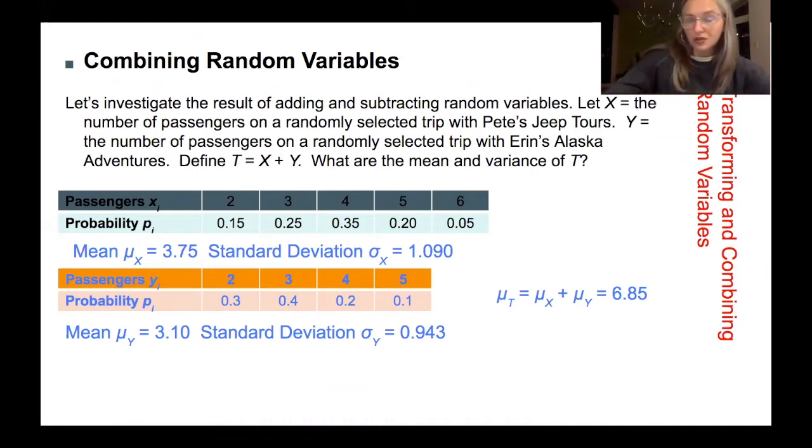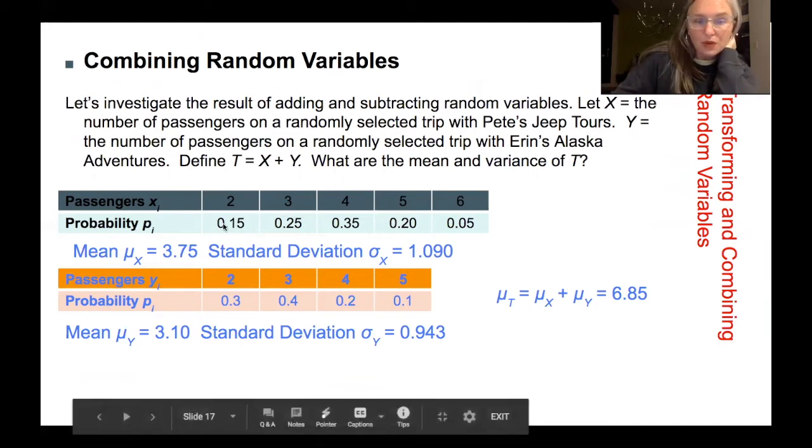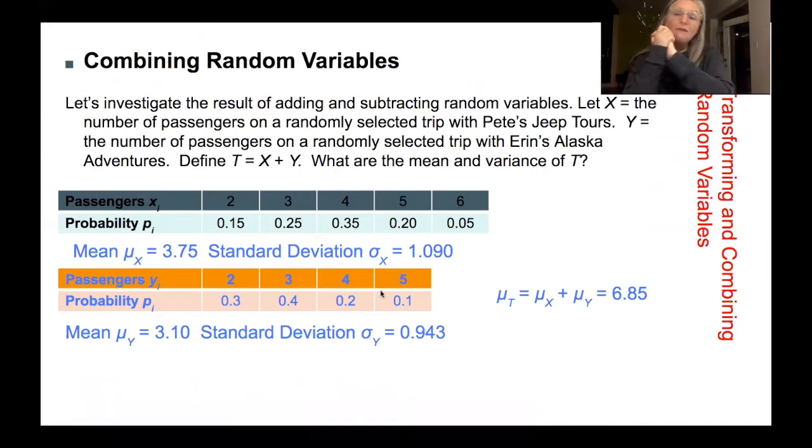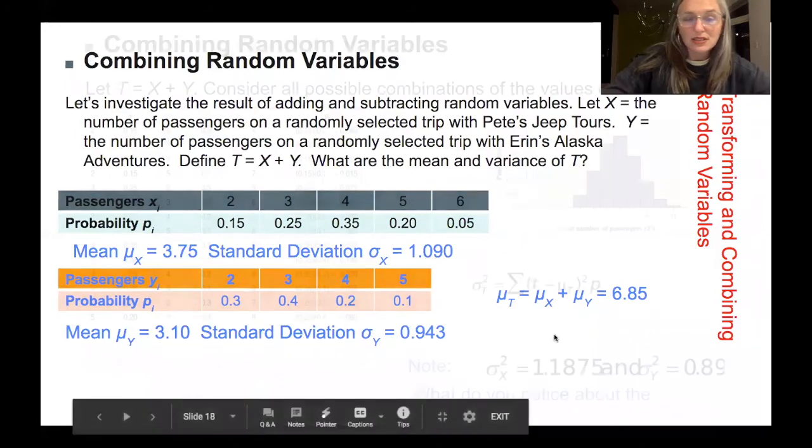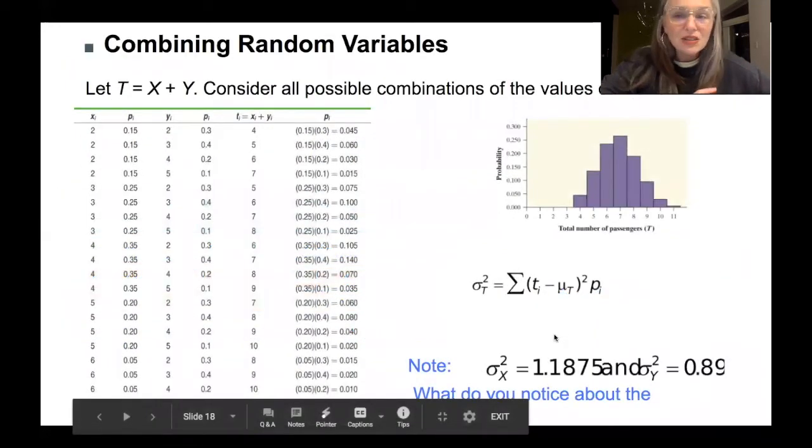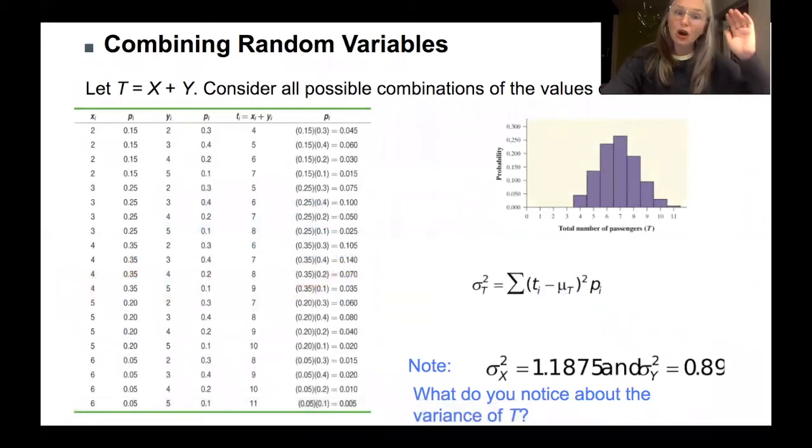I could go through this with you, but I'm saving you a lot of heartache. We could sit here and do expected value plus expected values, and then find the mean of all of that. But it turns out it's just going to be the mean. Just add the two means together. Okay. But standard deviation does not work the way we want it to. Okay. So let's say we do all the math.